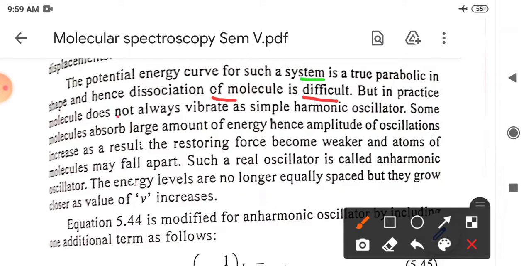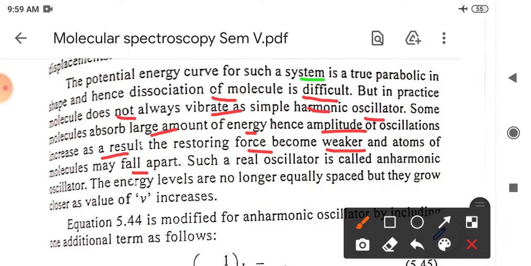But in practice the molecule does not always vibrate as a simple harmonic oscillator. Some molecules will absorb a large amount of energy, and hence the amplitude of oscillation will be very high. So what will happen to the restoring force? The restoring force becomes weaker and weaker, and the atoms may fall apart.